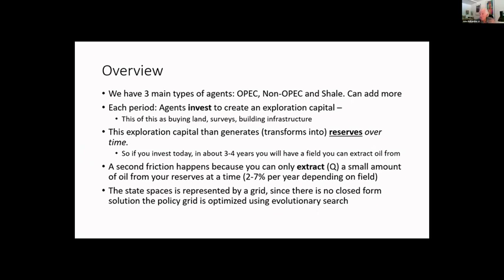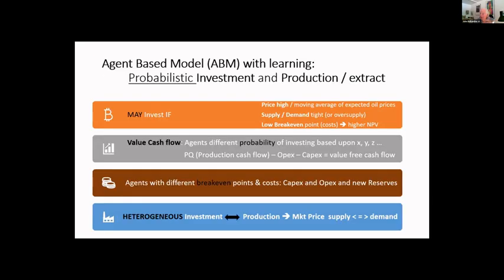That's the process. Here I'm saying that they invest if people think prices are going to be high and you've got a good present value, and we look at our own costs: the operating costs, the CapEx costs, and the expectations.